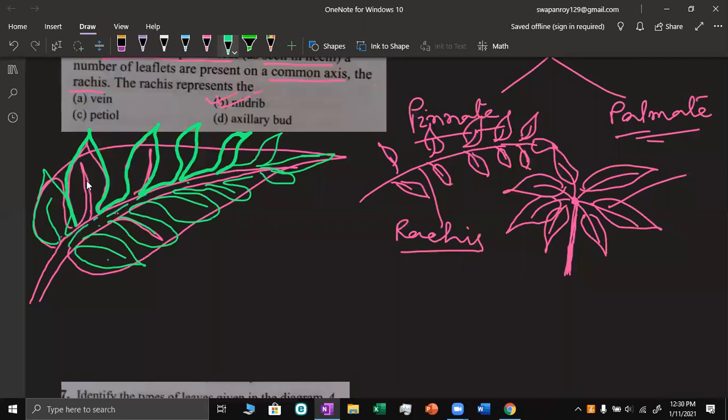And the lateral veins form the main veins of this small leaflet.